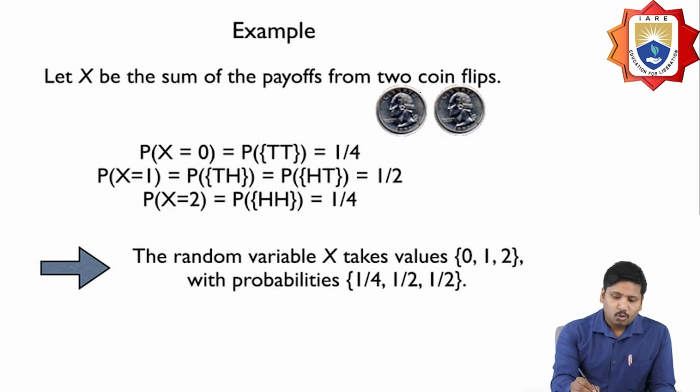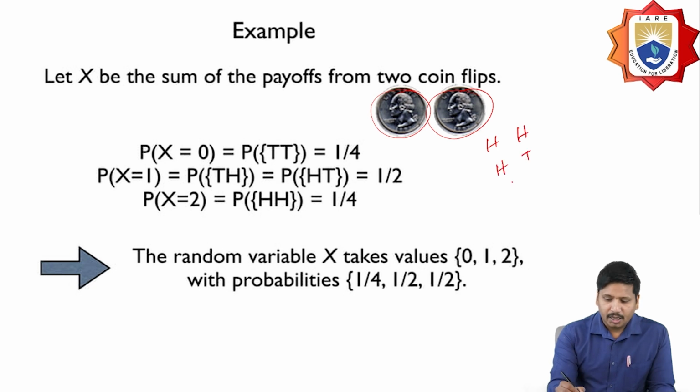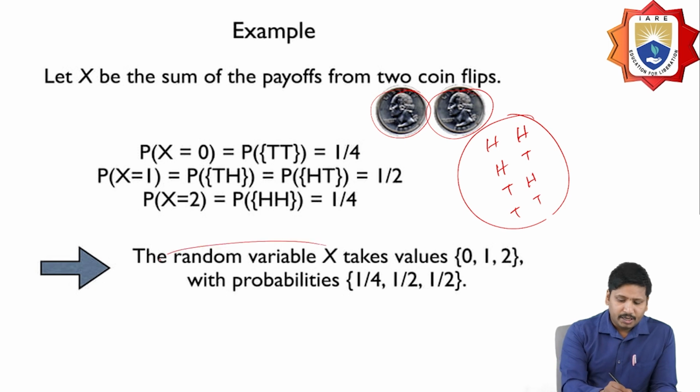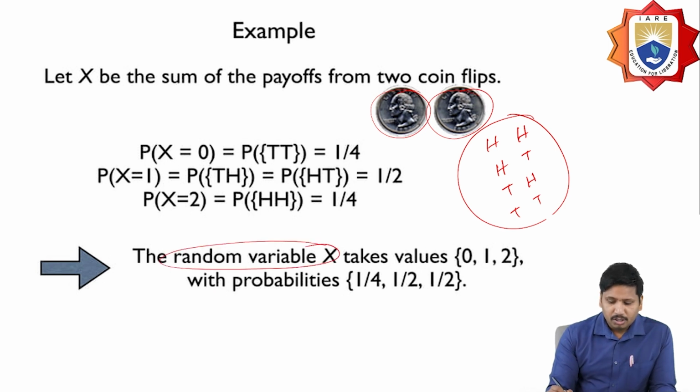Suppose I toss two coins at a time, so there is a chance of getting two heads, one head and one tail, first one tail and another one head, and two tails. So these are the four possible outcomes we are going to get. So how are we going to calculate this random variable here? Here x should be treated as a random variable, which is going to take the values 0, 1 and 2.